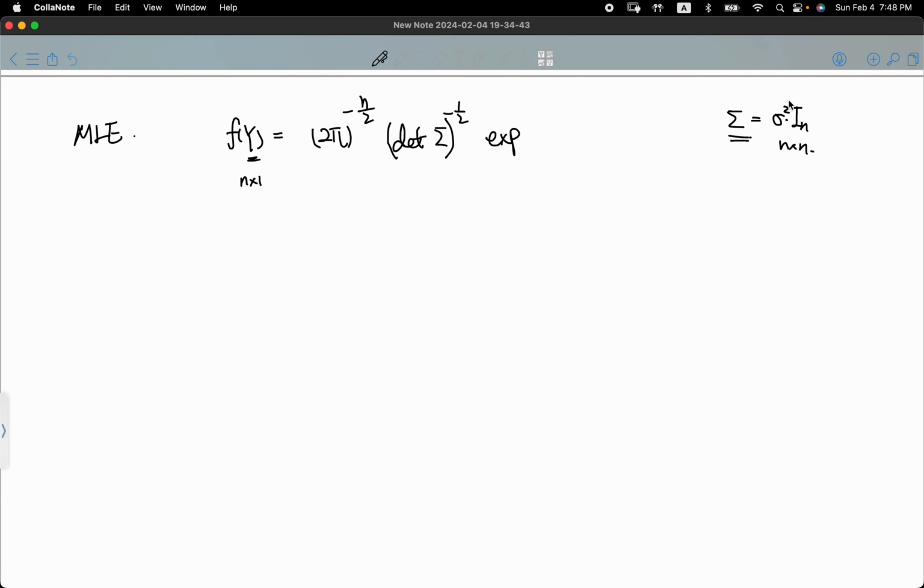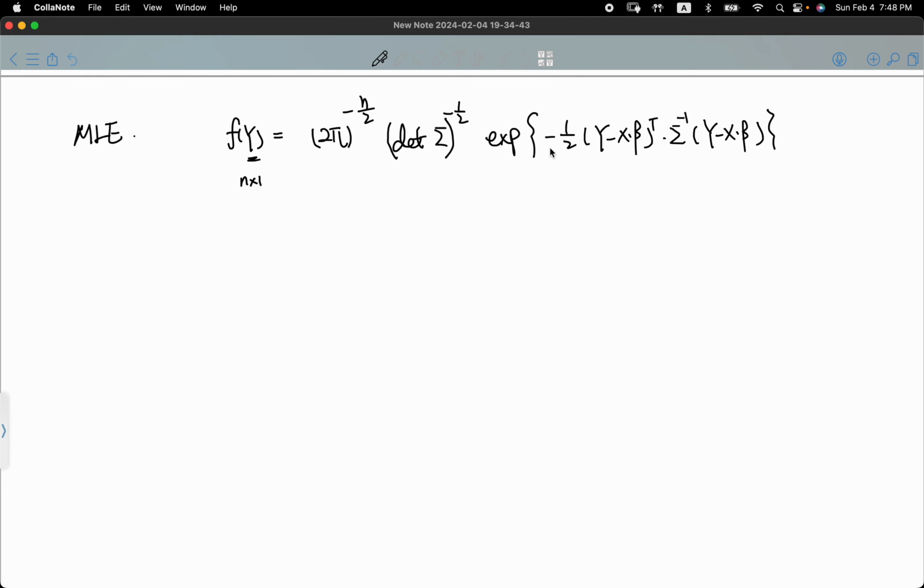In our setup, it's equal to sigma squared multiplied by the identity, also an n by n matrix. Then, exp of minus 1/2, y minus the mean, so the mean is X beta, transpose, inverse of the sigma matrix, y minus X beta.